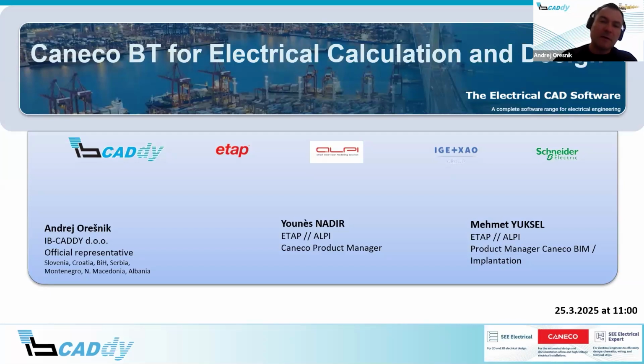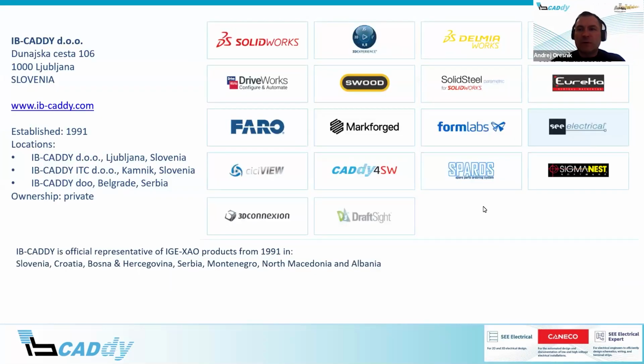support for our products. In the beginning, I would like to present a little bit our company. Actually, our company started in 1991, and we started with the first software, which was electrical, with the old name CADDY++.